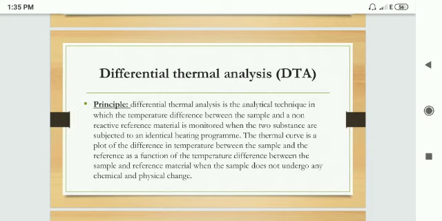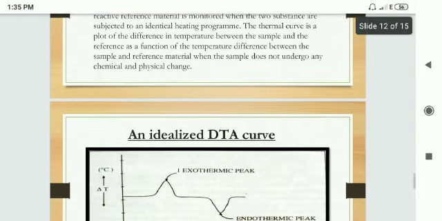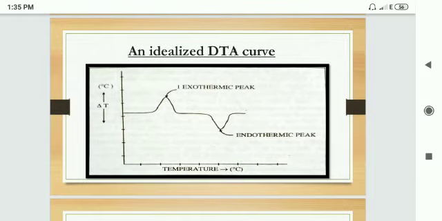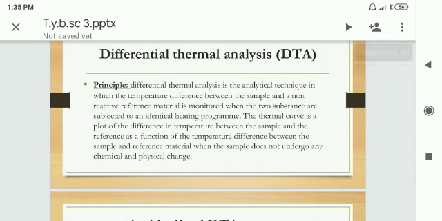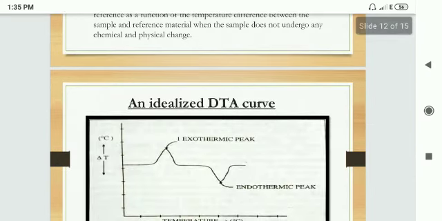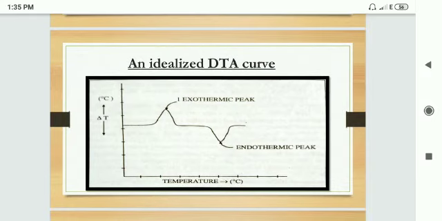There is no temperature difference between the sample and the reference material when the sample does not undergo any chemical or physical change. This is the ideal curve for differential thermal analysis.